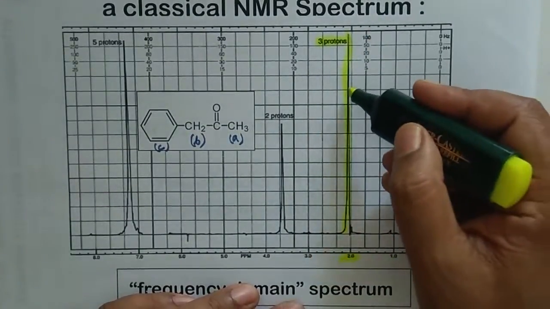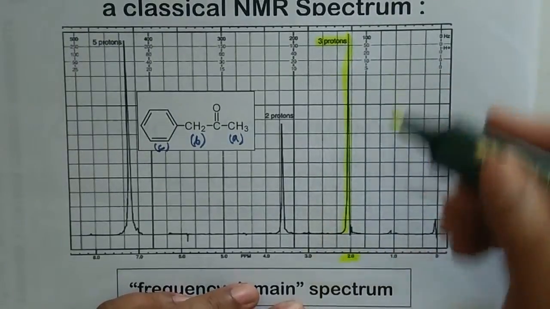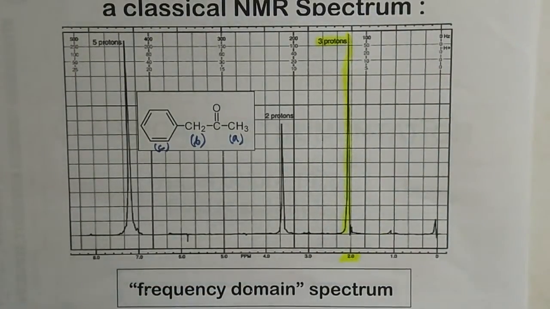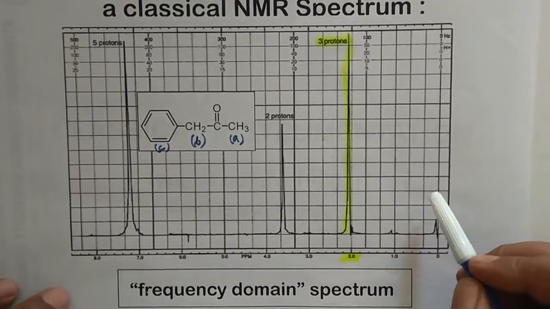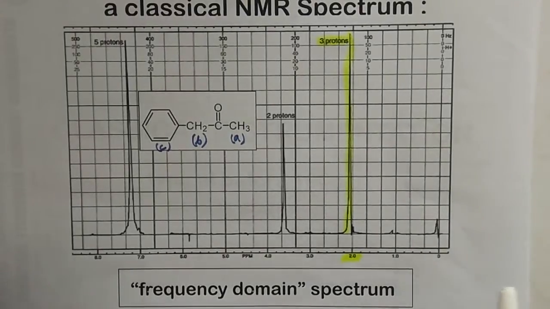That means in this signal, if you calculate the area under the peak, you have done this in your class 8 mathematics, where you were given graph paper and had to calculate the area under a circle, or a triangle, and all this stuff.